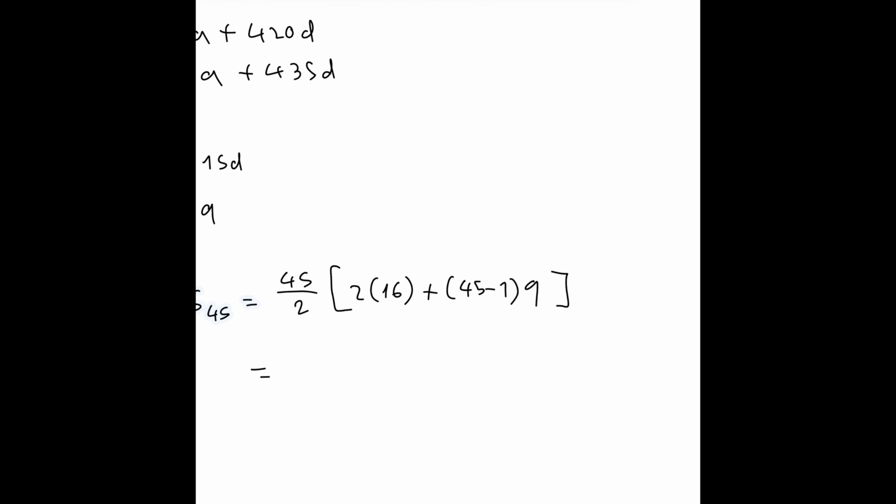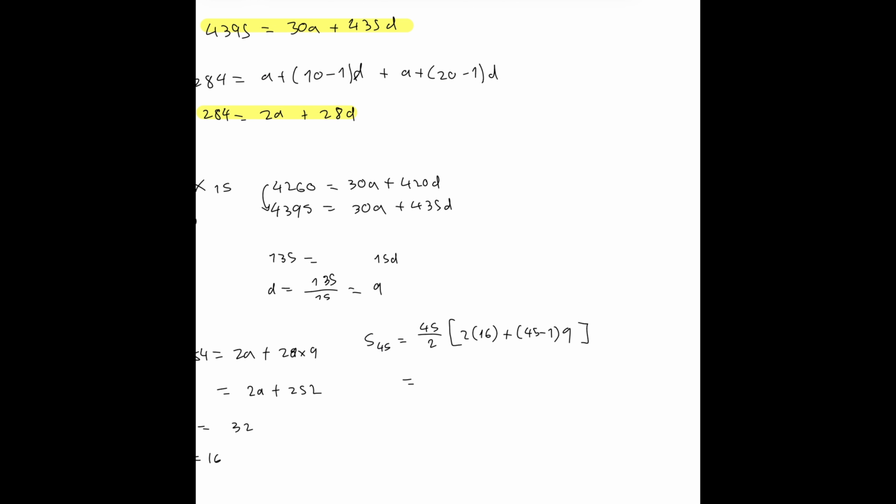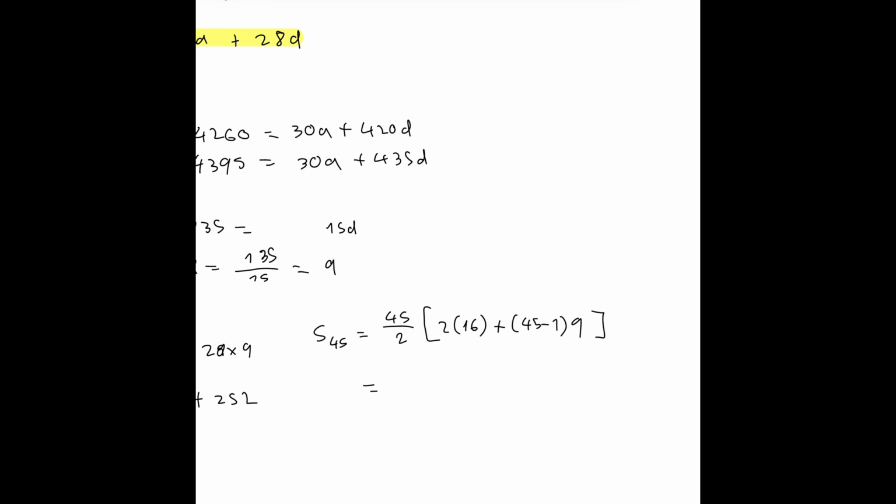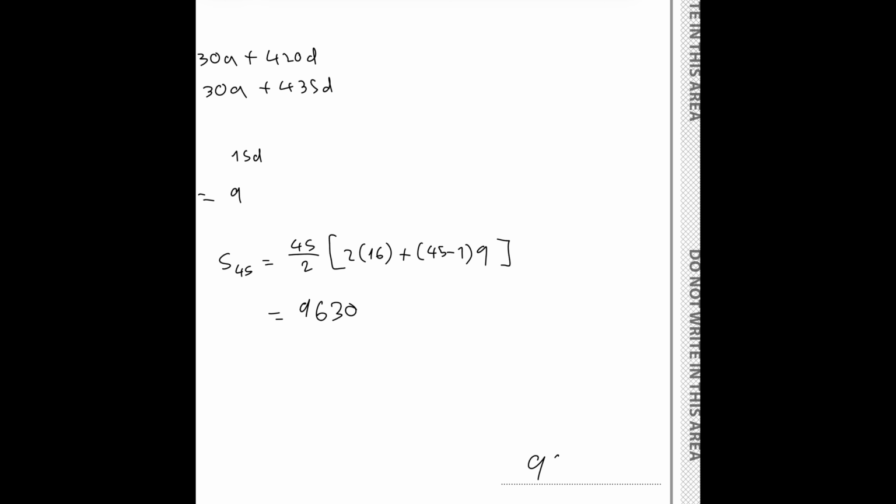Now put that in your calculator, 45 divided by 2 times (32 plus 44 times 9). 9,630 is what you should get, and that will be your answer.